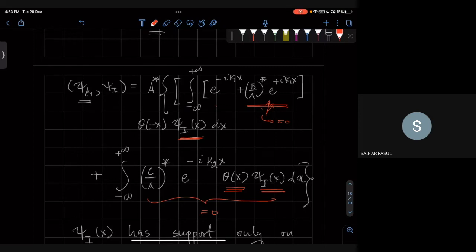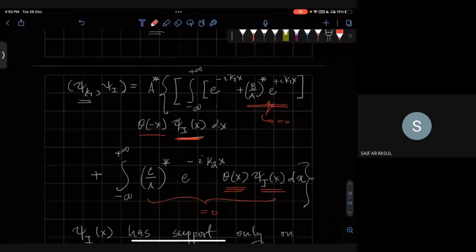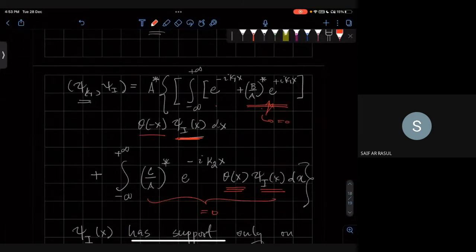Also, you should think about what this one is. Okay, so what is this? This involves a bunch of momentum modes which are traveling to the right. It's a Gaussian distribution, but we can think of it as a linear combination of momentum modes traveling to the right.